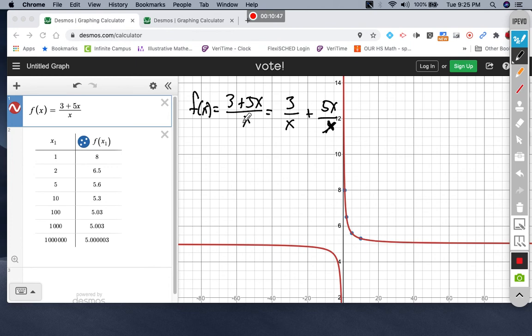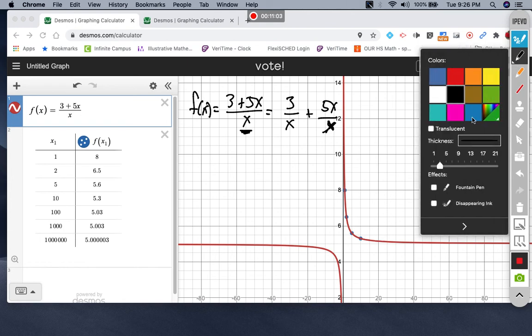Because if I think I'm adding my two fractions together, they have a common denominator. So I just add the numerator, 3 plus 5x. As long as this is just a single term, I can divide. I can come along and divide this by x and this by x.